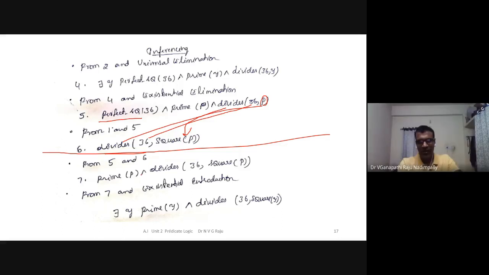Now this one, prime of p divides 36 square of p. From 5 and 6, we can write that prime of p and divides 36 square of p.